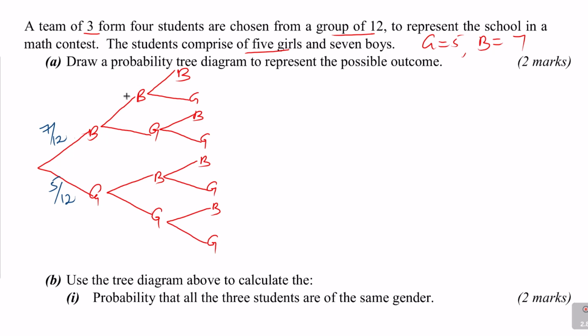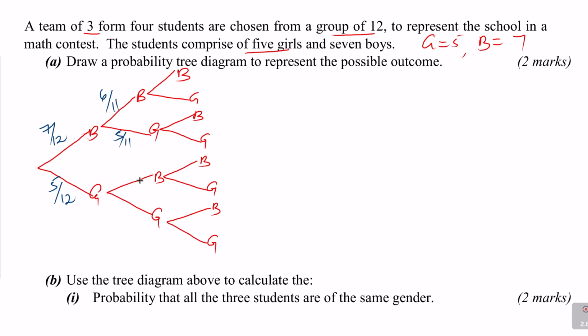Now the second choice, the total would change. You've picked a boy in the first choice, so the boys remaining are not 7 but now 6, and the total students will have reduced by 1, so there will be 11. When you choose a boy, the girl is not affected, so the girls remain 5, but the total is 11.